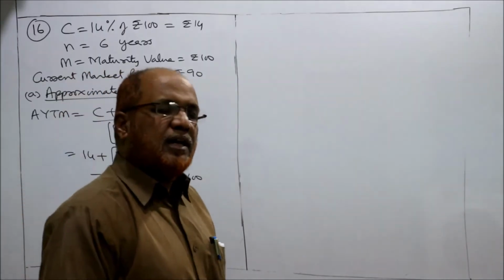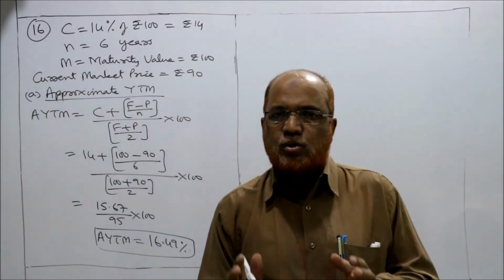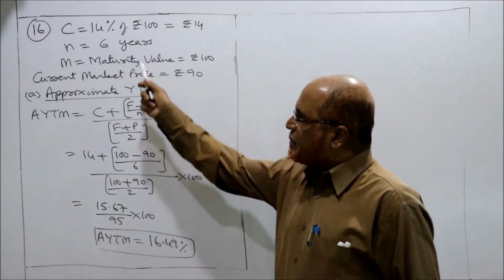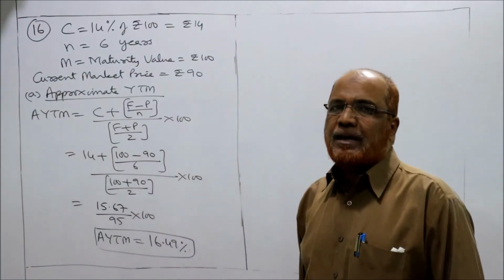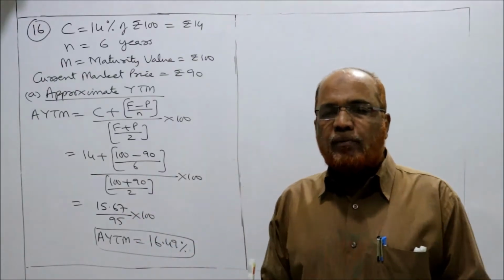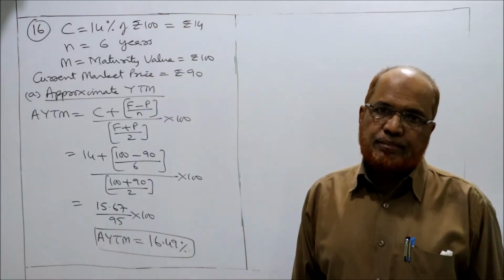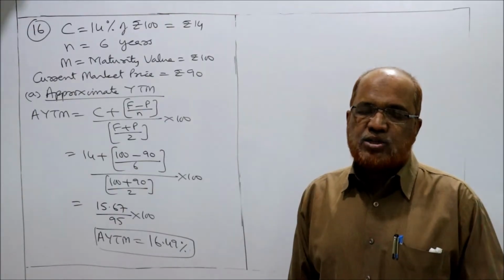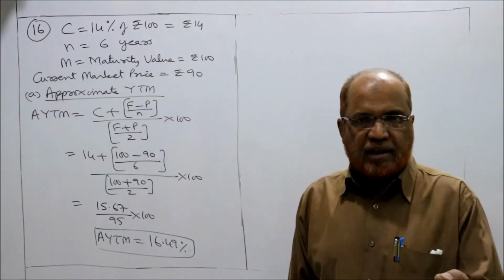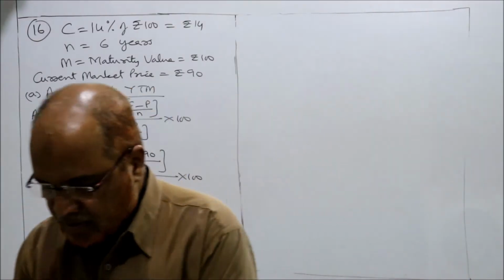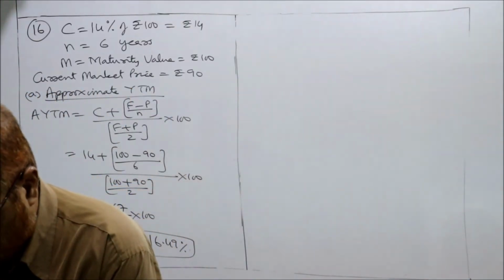So we have easily calculated AYTM. There is no difficulty in finding the AYTM, because you only have to remember the formula, substitute the values and then simply calculate. The problem will arise when we calculate actual YTM. While calculating actual YTM, we have to apply the trial and error method. A rate we take and we find out what is the value of the bond.